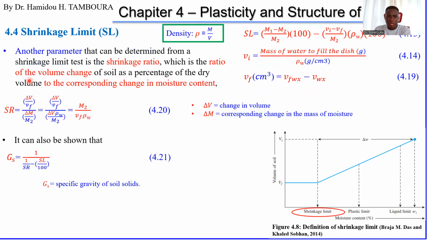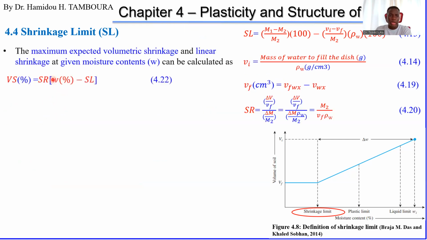This one we talk about here, the shrinkage ratio, SR. By using this shrinkage ratio, we can obtain the volumetric shrinkage. Volumetric shrinkage is equal to the shrinkage ratio multiplied by the water content minus the shrinkage limit.